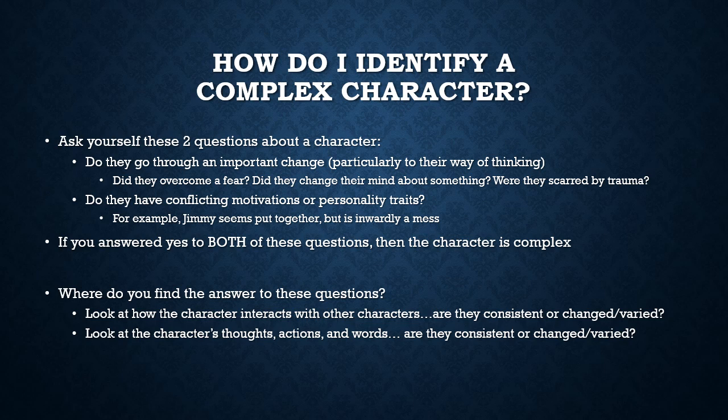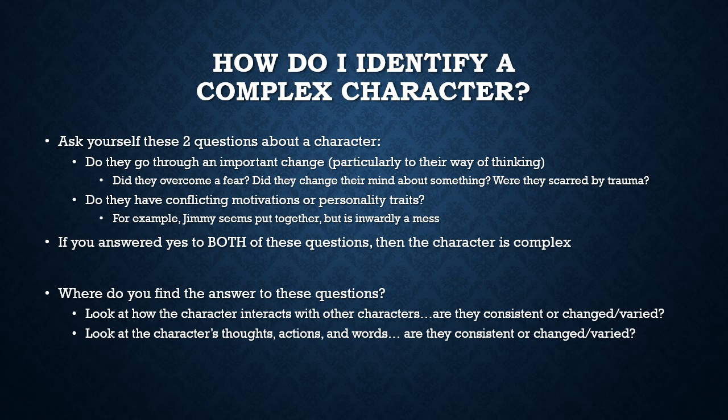And where would you find the answers to these questions? Well, you just basically look everywhere the character is. Where the character interacts with other characters, you can see if he or she is consistent among all those interactions, or does the character change at all, or is there variation maybe?